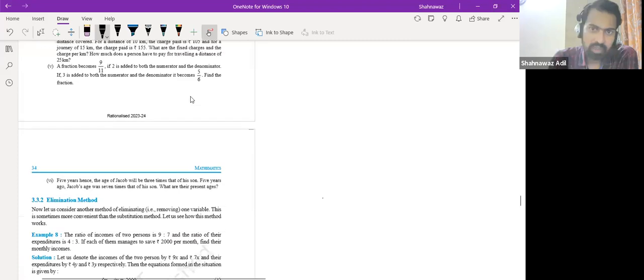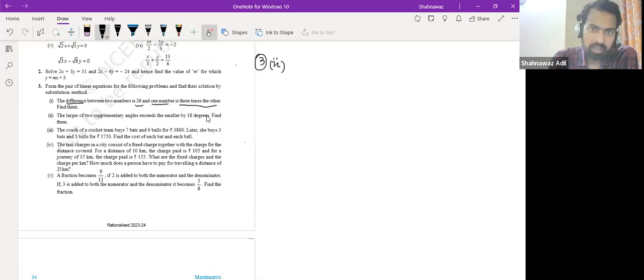The larger of two supplementary angles. So this is the crucial information, right? Supplementary. What are the supplementary angles? Supplementary angles are those whose sum is 180 degrees, right? So the two unknowns in here are the two supplementary angles.